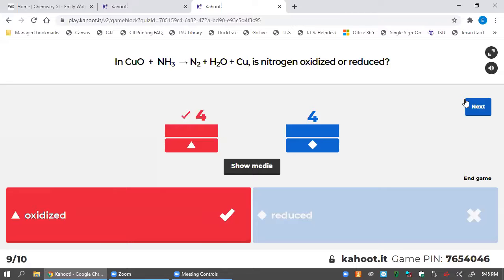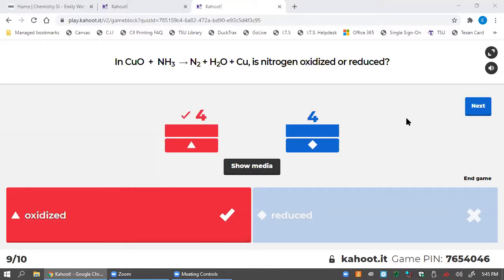So here, let me. N2 is the elemental form of nitrogen.